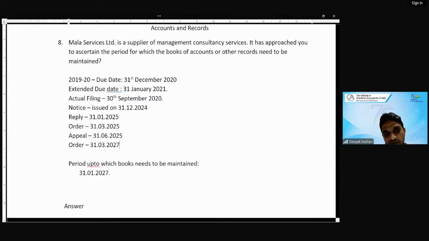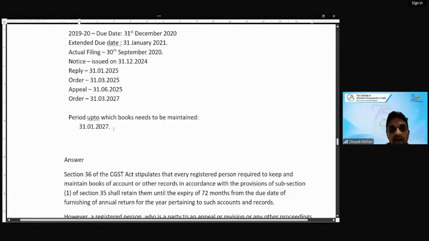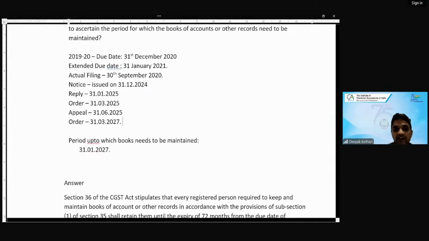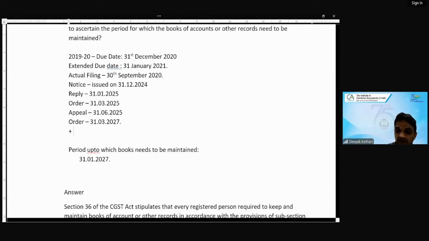Now, there is an order which has got decided on 31st March 27, but the period for which you have to maintain books of accounts originally is only 31st January 27. So when any order has been passed, you have to retain it up till that stage, plus 1 year from the date of order, which is 31st March 2028.